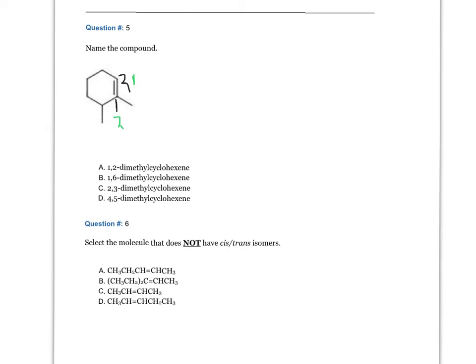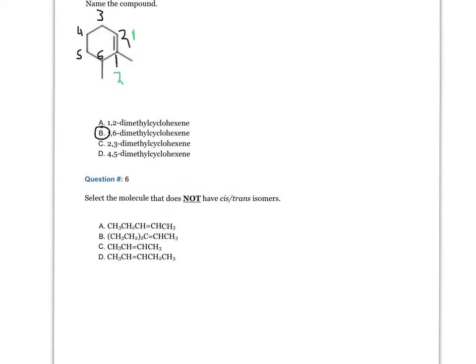You've got a substituent here on the double bond. Well, 1's as low as you can order it. So the scheme in black is the one that makes sense to use. You've got a methyl group on carbon 1, continue numbering, so you've got methyl groups on 1 and 6. Therefore the answer is B, 1,6-dimethyl cyclohexene for the name.